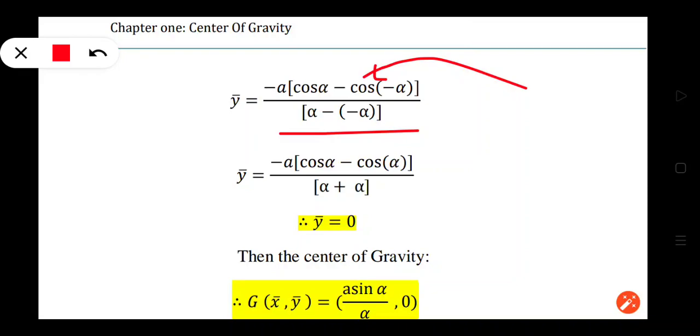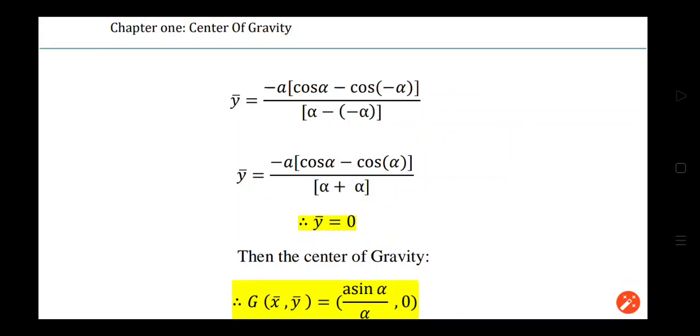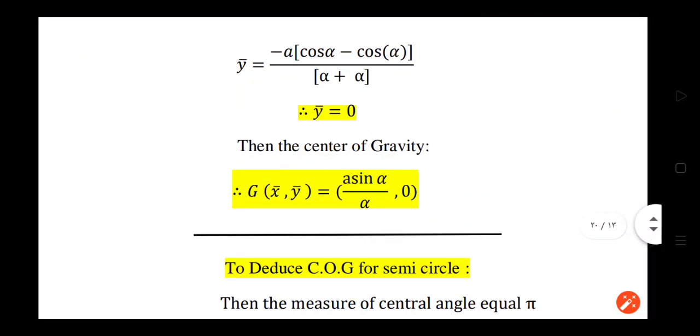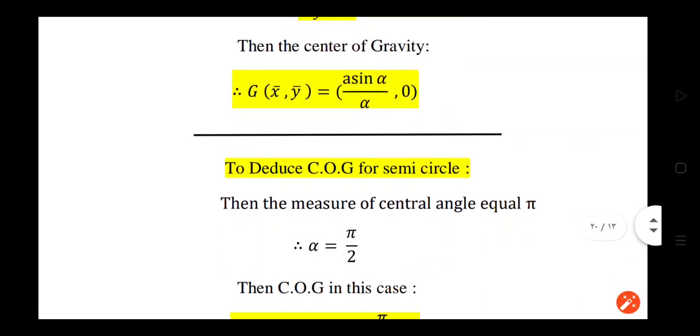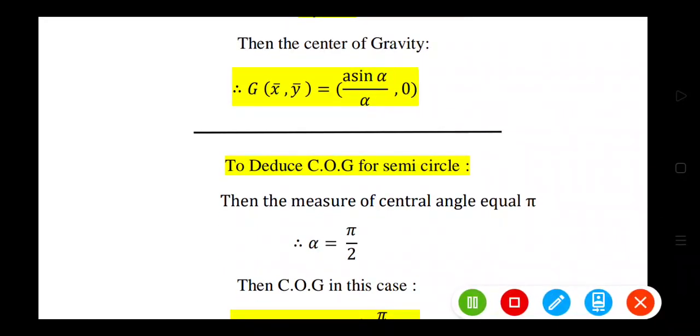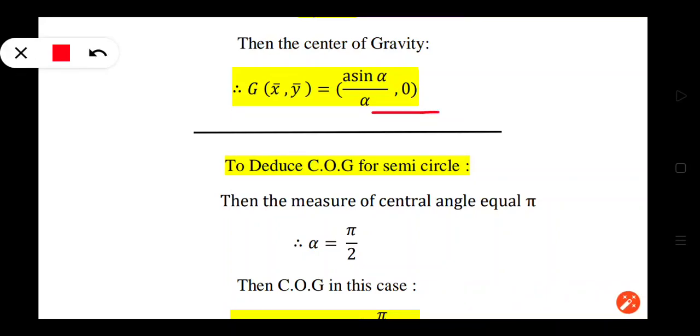Cosine alpha minus cosine alpha equals 0. Then y bar equals 0. The center of gravity for an arc with central angle 2 alpha and radius a is equal to a sine alpha over alpha and 0.